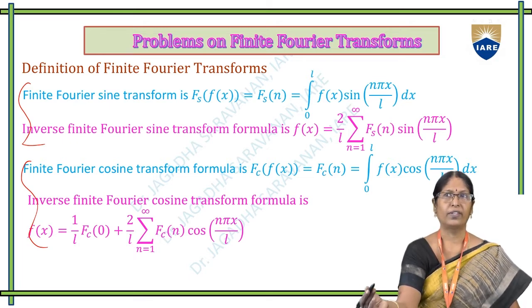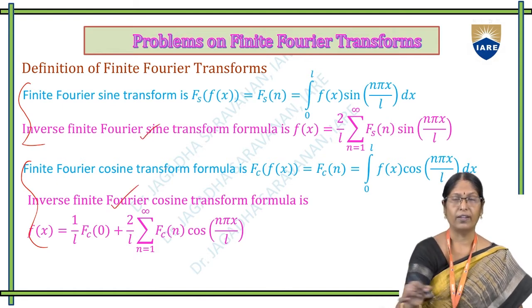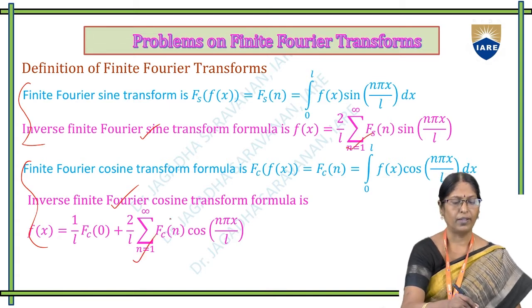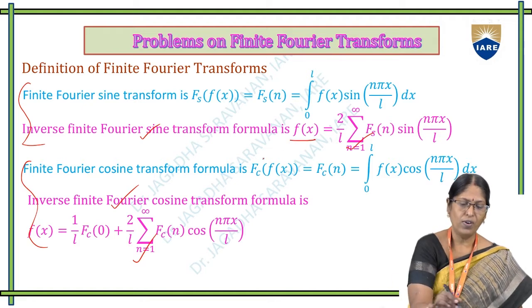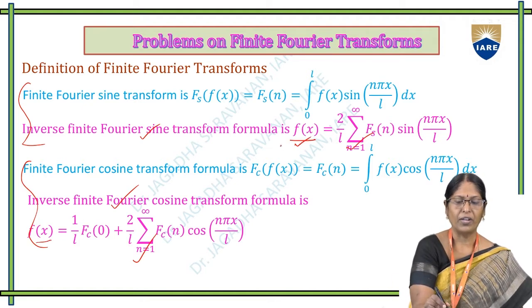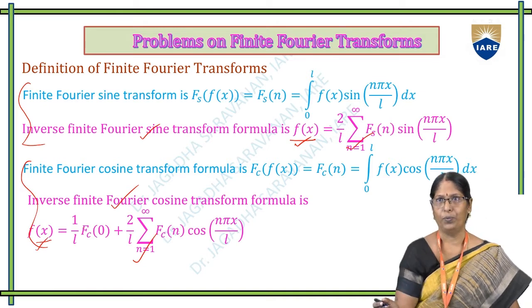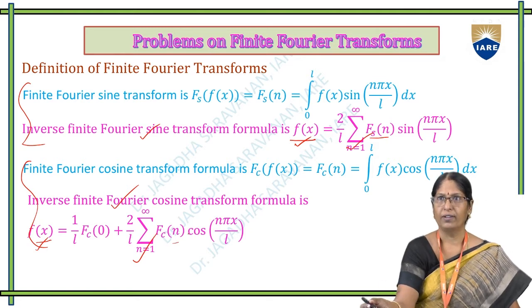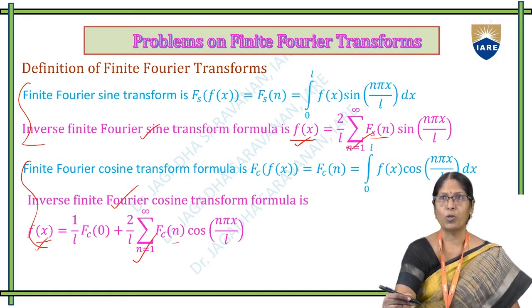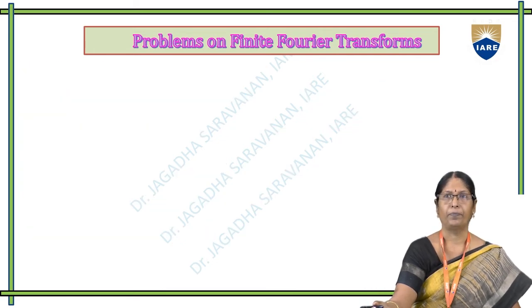A small technique we can keep in our mind: wherever the inverse is there, the summation symbol is occurring, and in the inverse, the function f of x equal to is written, with the Fourier transform inside the summation. So these are the points, comparing each and every formula. What is the difference between the formulas we have to note down. Then it is very easy to understand.